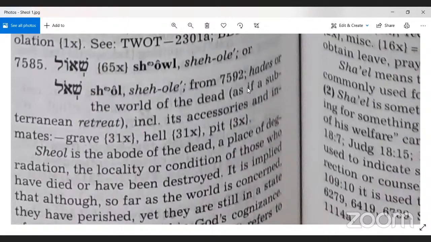If you're looking at it as a place like a subterranean retreat, an abode of the dead, a place of degradation, the locality or condition of those who have died or have been destroyed, then they're still in existence, because if not, what did they need with an abode?